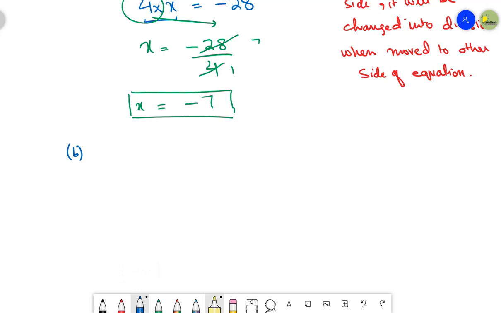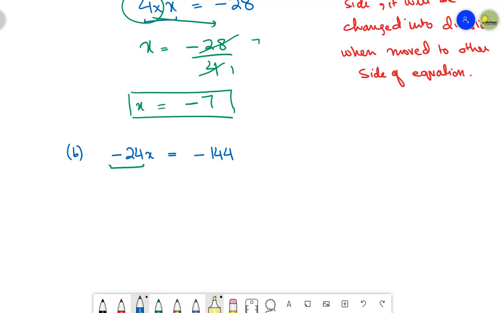In part B, I am having minus 24x equals to minus 144. Keep in mind that you have to shift the whole value minus 24 to the other side of the equation.